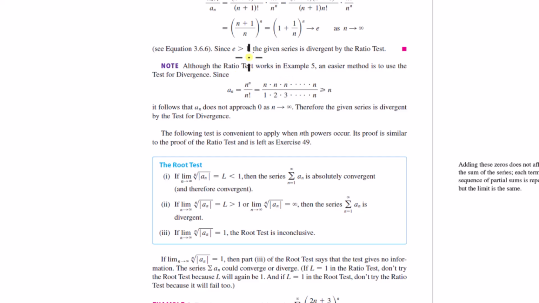What they're saying is, if you do a little analysis, you can see that this could never be less than n, no matter what. As n goes to infinity, that limit could never be 0, which means the test for divergence shows that series is divergent.